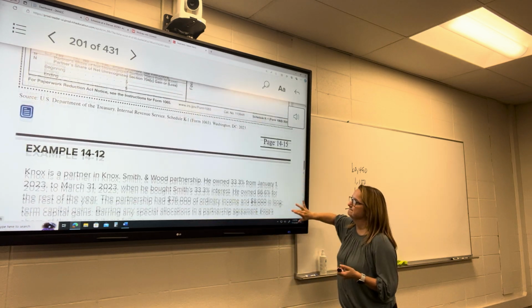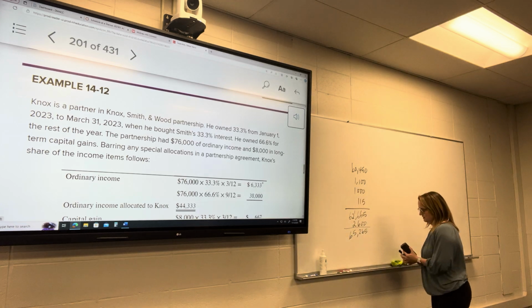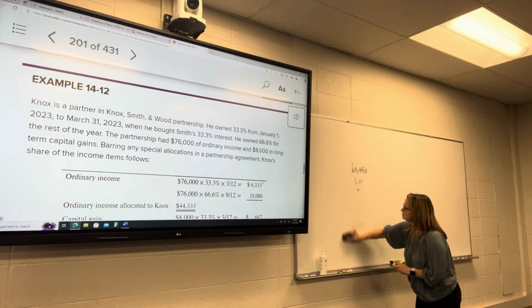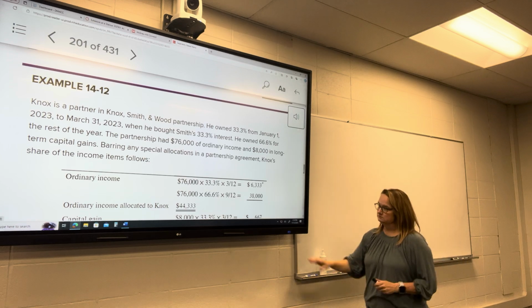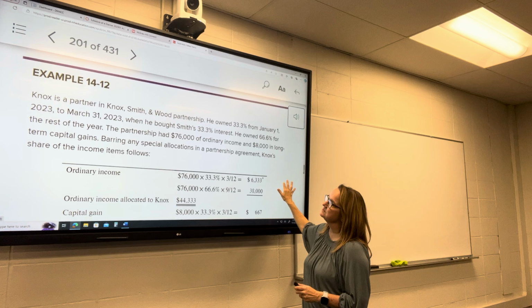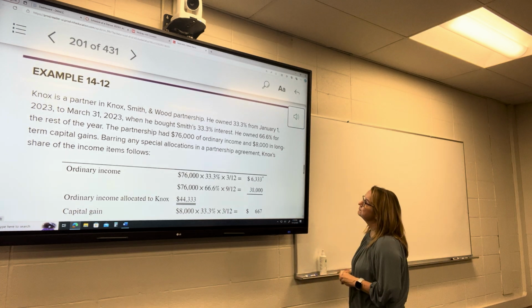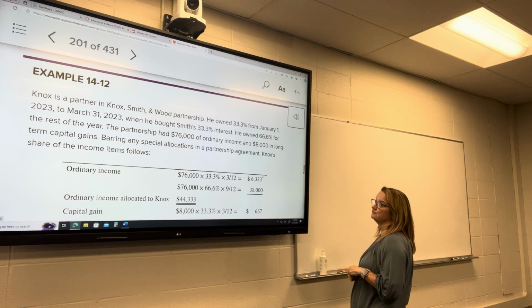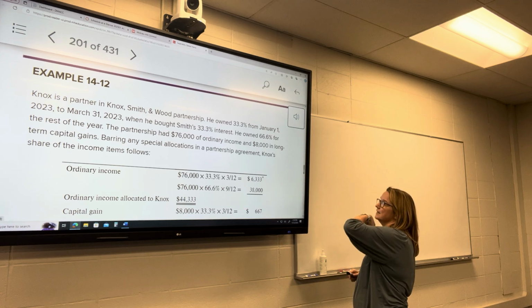All right, so what happens when ownership percentage changes during the year. So we've got Knox, who owned a third from January 1st to March 31st. And then he bought Smith's third as well.